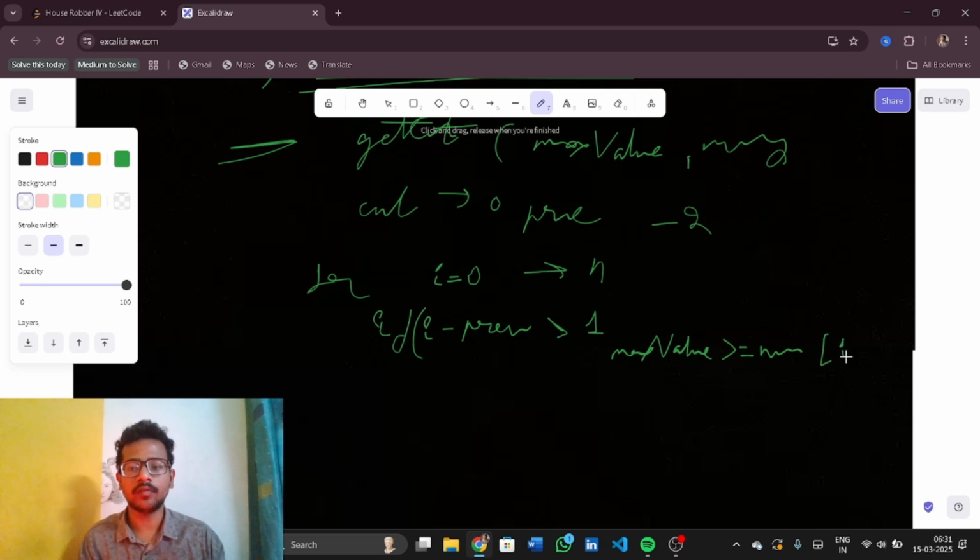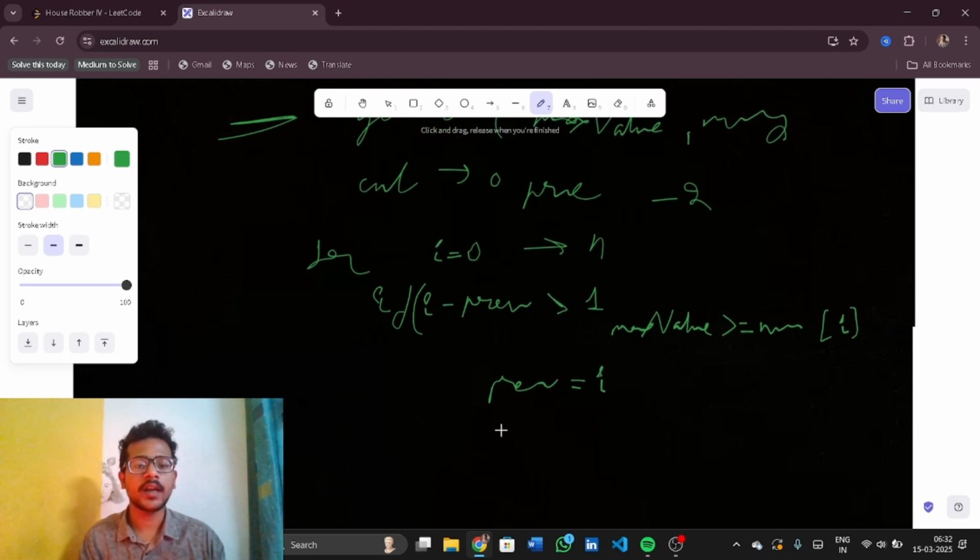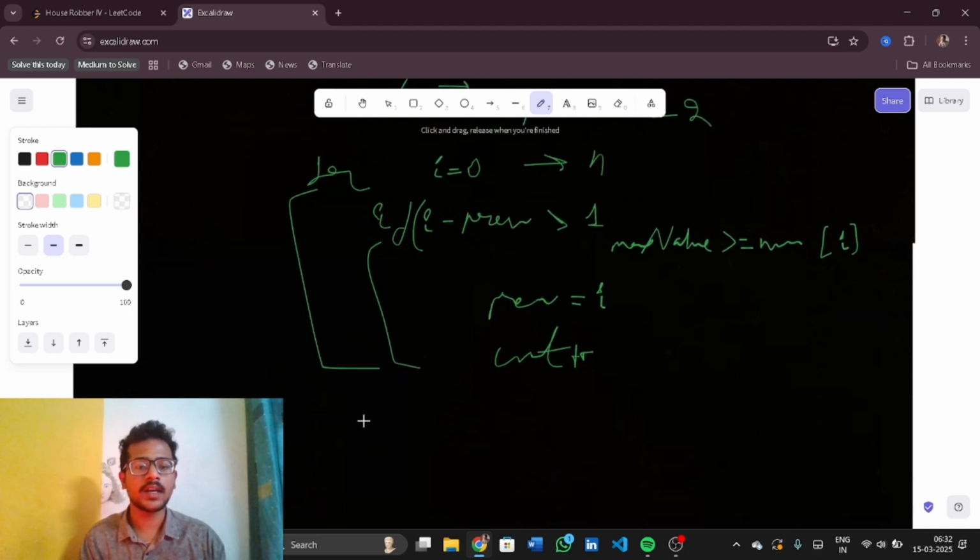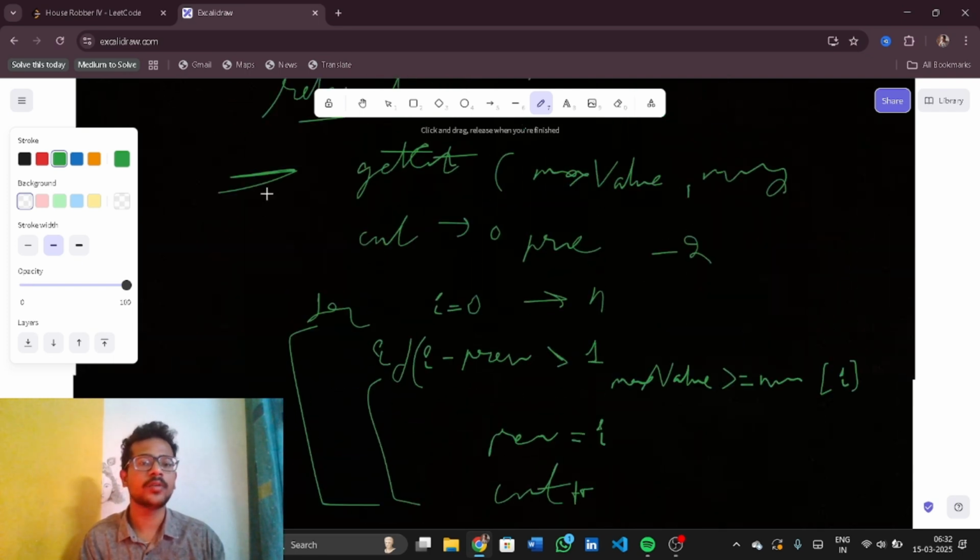Then I will initialize my previous to the current index i, as I said before, and I'll increment my count. So this is the if condition and this is the for loop, and at last I'll return my count. So this is how you solve this.